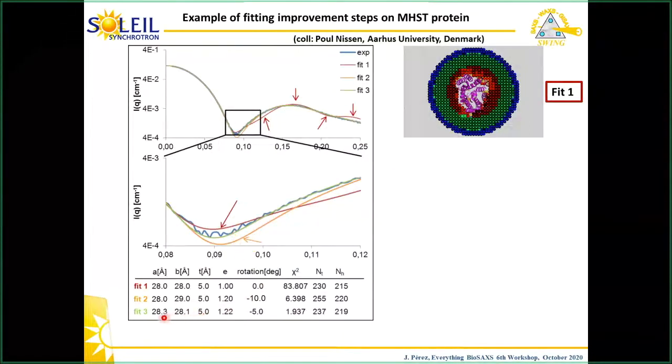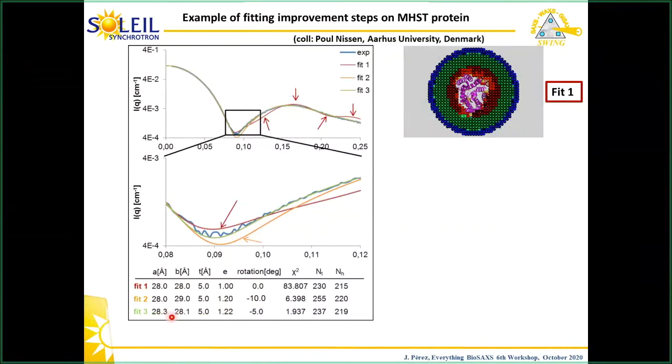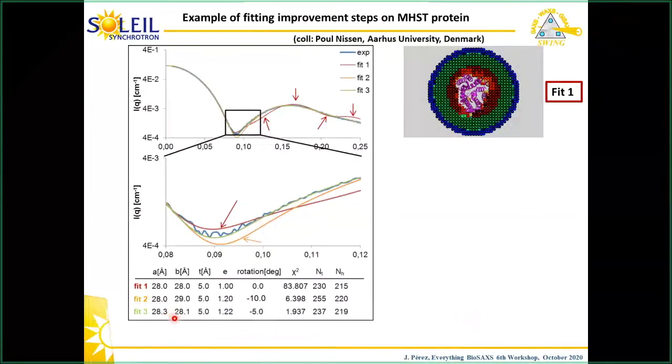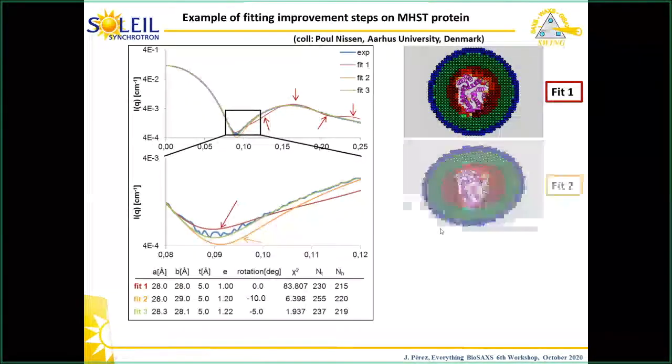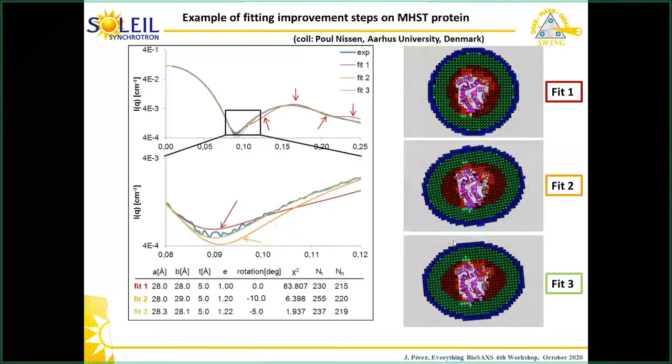And so finally, we made steps of 0.1 angstrom instead of 1 angstrom here. As you can see here, the final values have a decimal here. And we ended up with a much better chi value here. And as you can see also visually from the agreement here. So this is the final model. So this is the strategy which we recommend to the Memprot users.